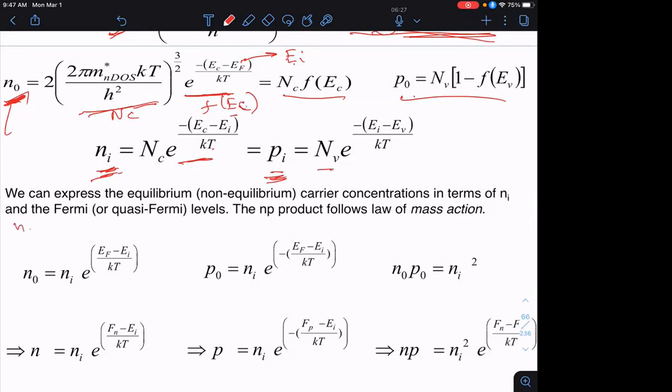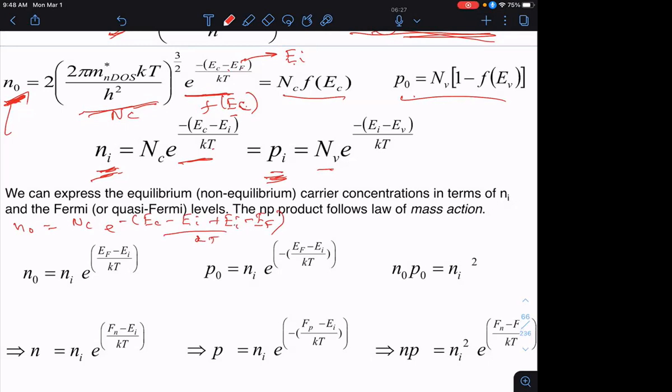You can write N naught as NC e to the power minus, I'm rewriting this exponent over here, minus (EC minus EI plus EI minus EF) over KT, okay? I haven't changed anything. If I subtract and add EI, it's the same thing, right?